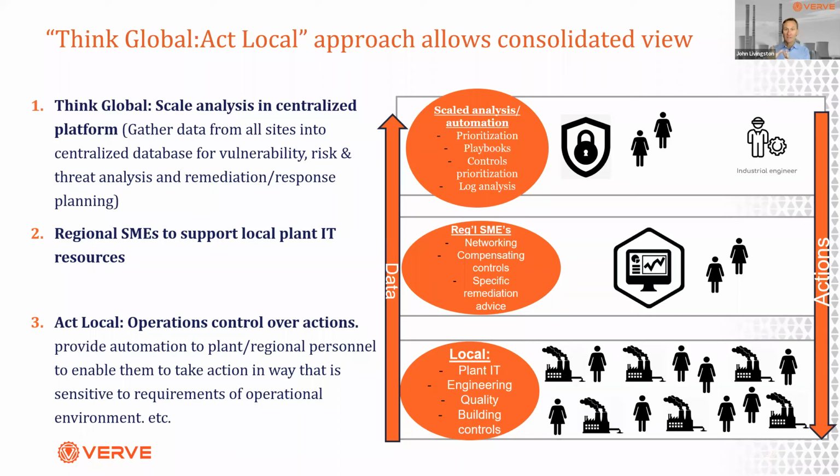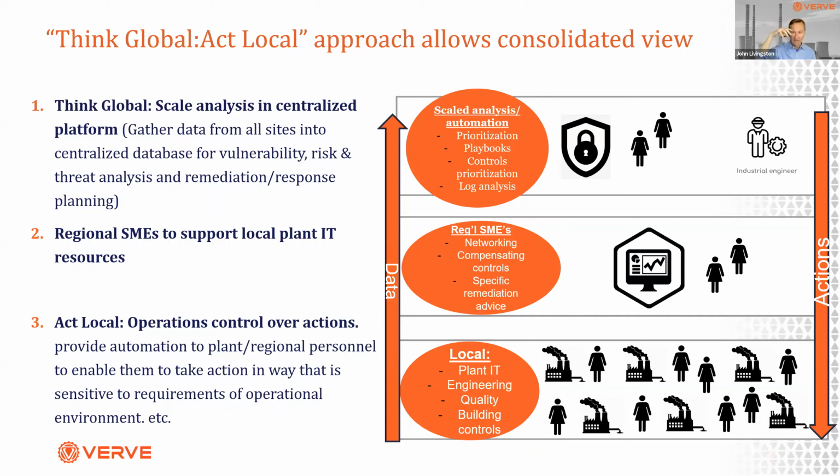But then in an OT world, we need to make the actions local, right? So for those of you who are control systems engineers, you know the risks of having someone try and patch a system from 3,000 miles away. The timing may be wrong. It may reboot the system when it shouldn't, et cetera. And so whatever platform we use needs to be able to think global, i.e. bring that data centrally.